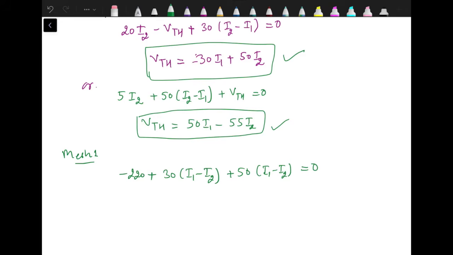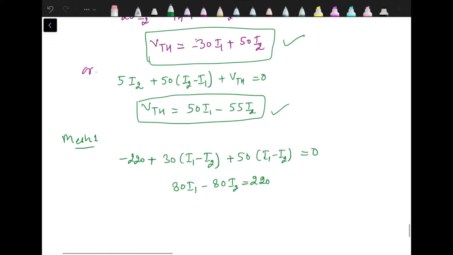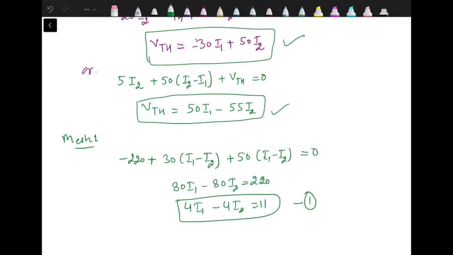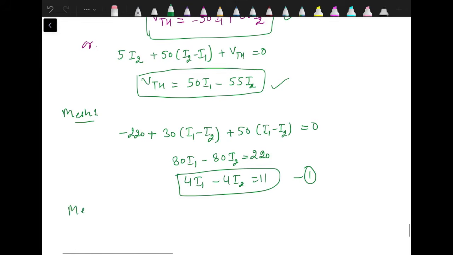Hence the equation is 80 I1 minus 80 I2 equal to 220, or 4 I1 minus 4 I2 equal to 11. This is the first equation. Similarly, we need to apply KVL to mesh 2.